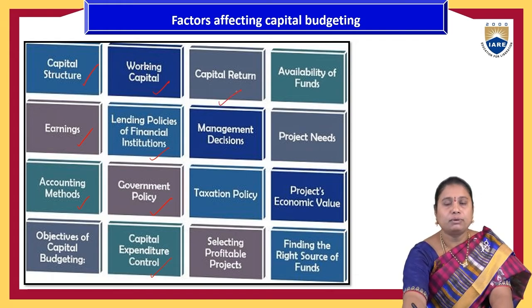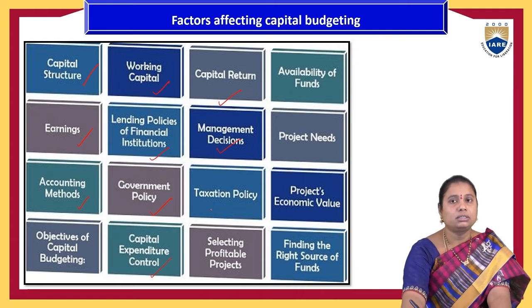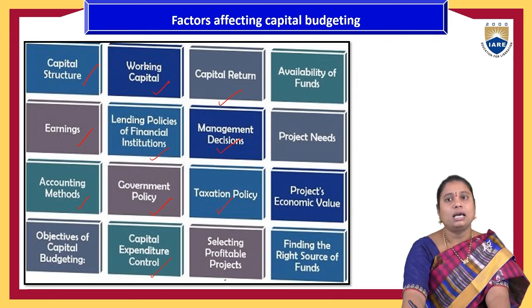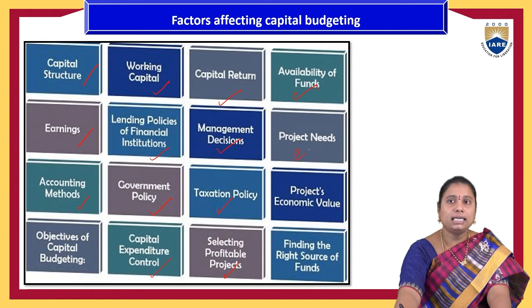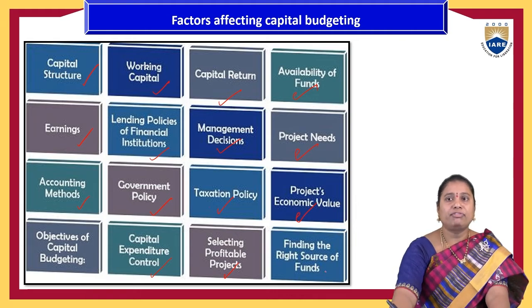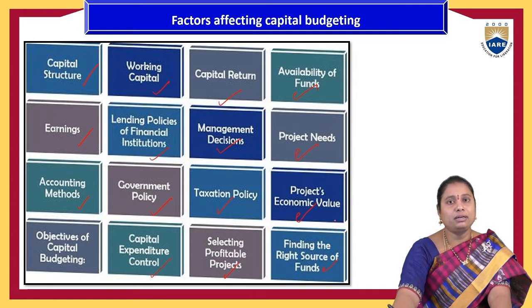Capital returns and the way of getting returns, the management decisions and management's opinion towards that expenditure, taxation policies, selecting profitable projects, availability of funds, project needs and project economic value, whether it is really beneficial to the organization or not, and finding the right source of finance. These are all the elemental factors that should be considered by the financial manager as a part of capital budgeting.